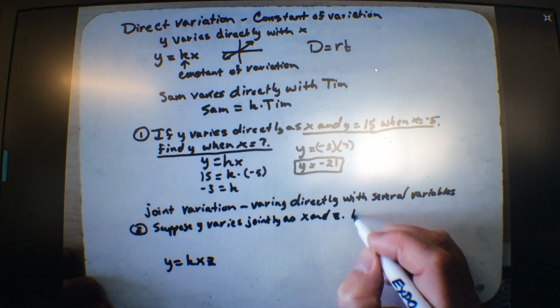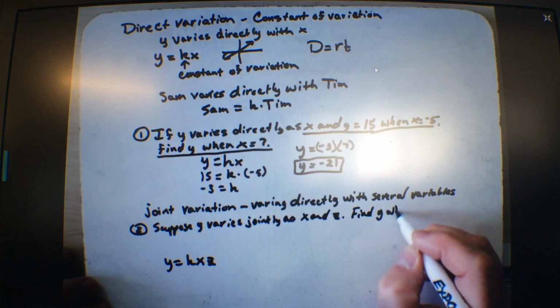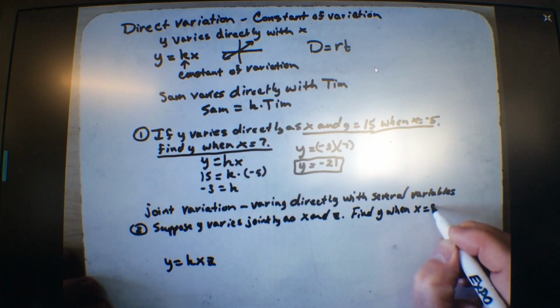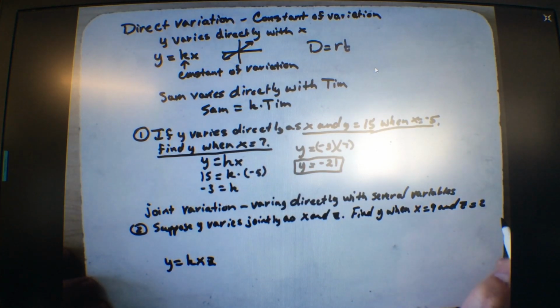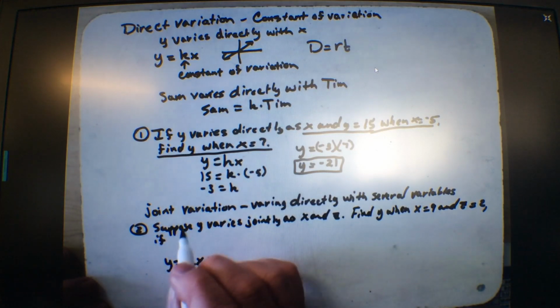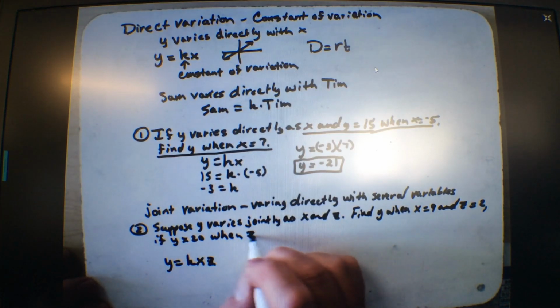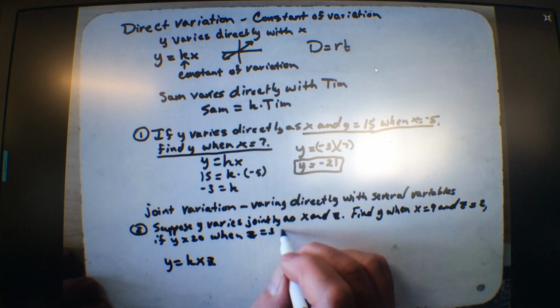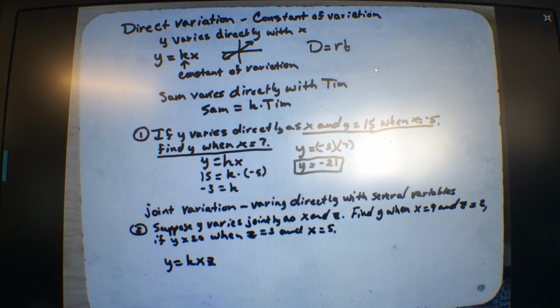Then it says find y when x equals 9 and z equals 2, that's a 2 by the way, if y equals 20 when z equals 3 and x equals 5. My first question to you is, what do I put in first?